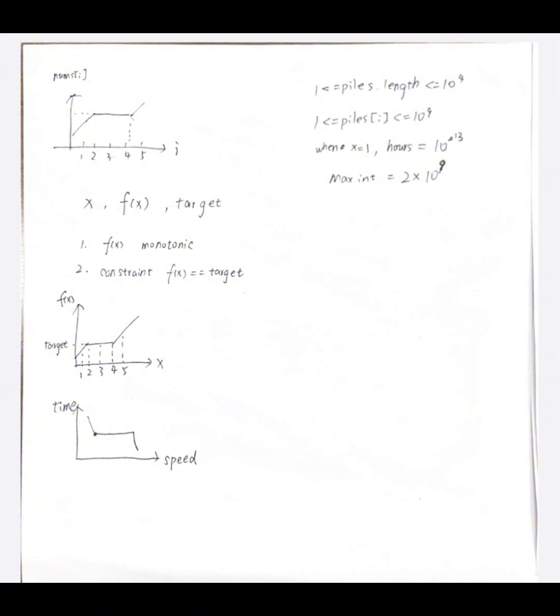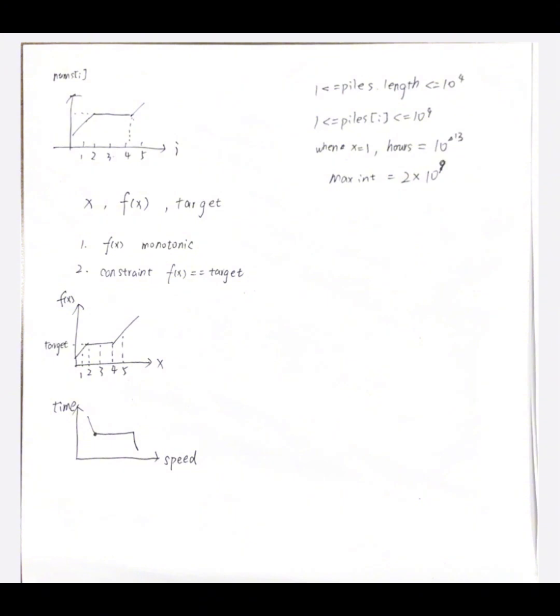The return value is a minimum integer x, an integer k, so that she can eat all the bananas within h hours. So the speed will be the x, and the time will be f(x), the y. We draw an image like this, and obviously if we want to find the minimum integer, we return the left point of that. So we can see it in the picture.